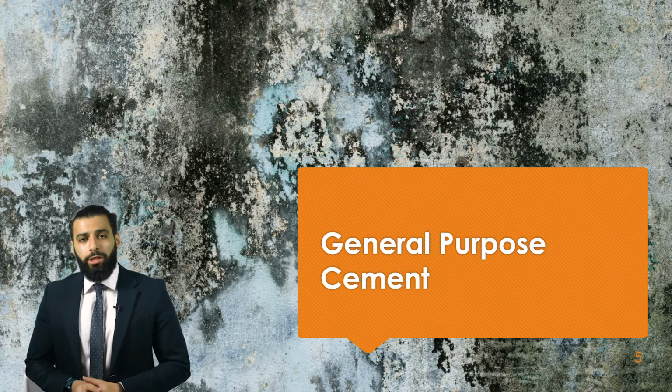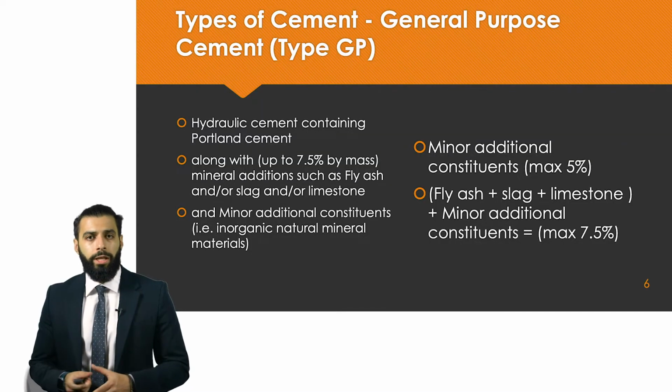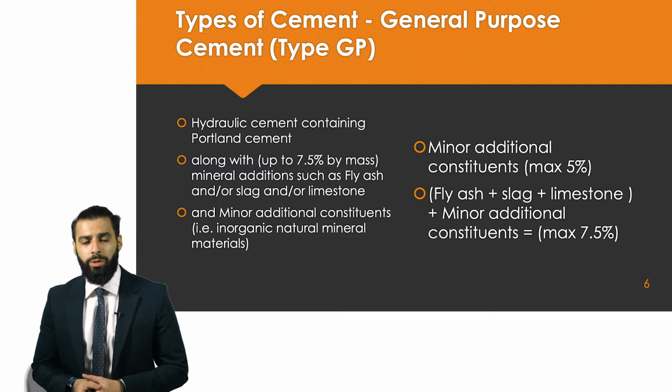So let's have a look at general purpose cement. Now for type GP, that's a short notation for general purpose, the standards specify that you can have minor additional constituents, and these are inorganic materials. The maximum amount that you can have in your type GP mix is 5% of the total mass.